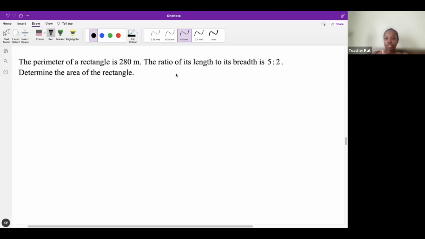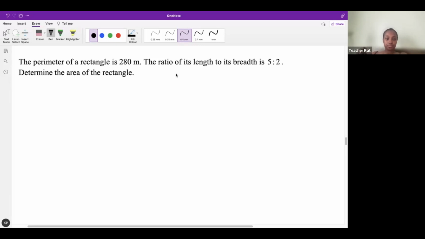We can see we have a ratio there. Does that mean that the length is 5 meters long? What do you guys think? Afani says yes. Think of what a ratio is.